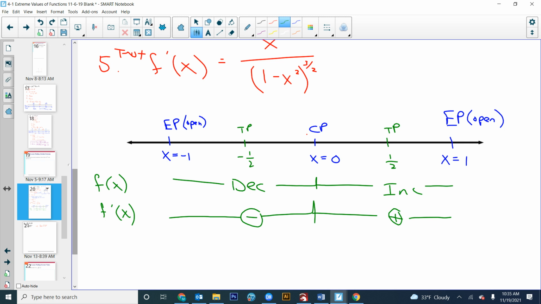Careful. Decreasing which way? From left to right, it's decreasing. So if I'm looking from right to left towards the asymptote, remember how we did the limit from the right?